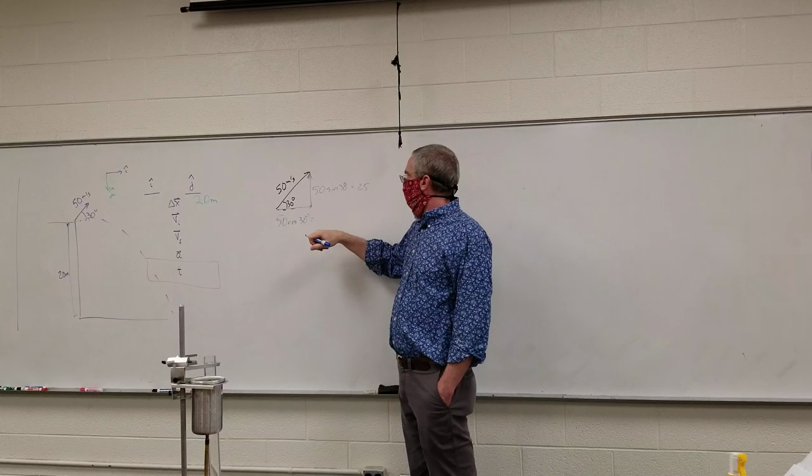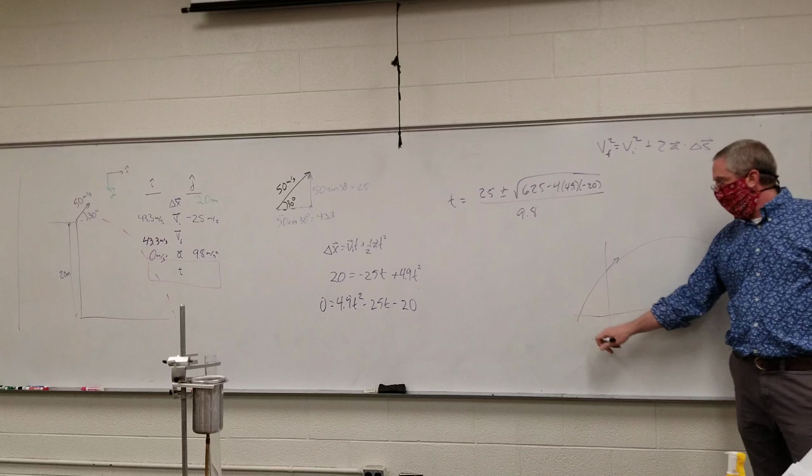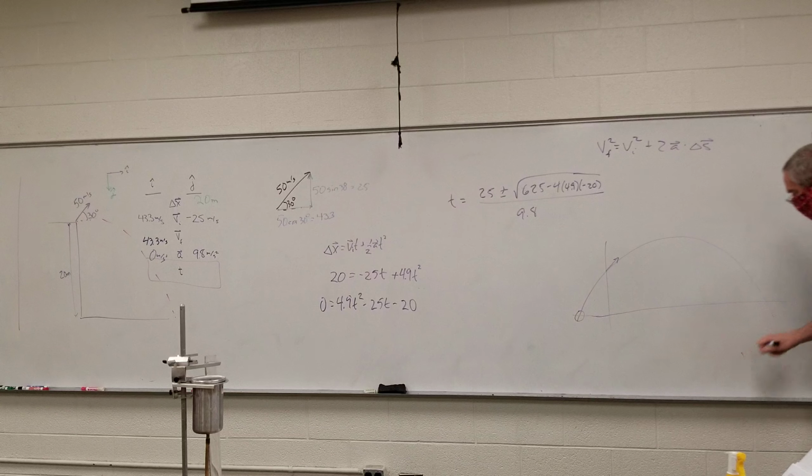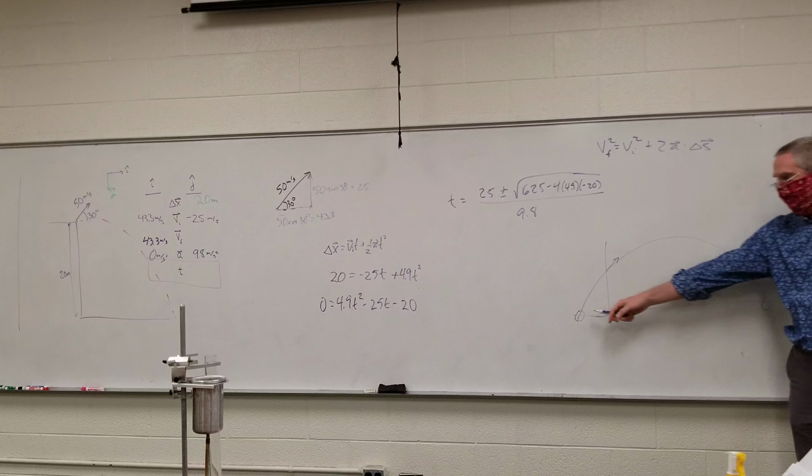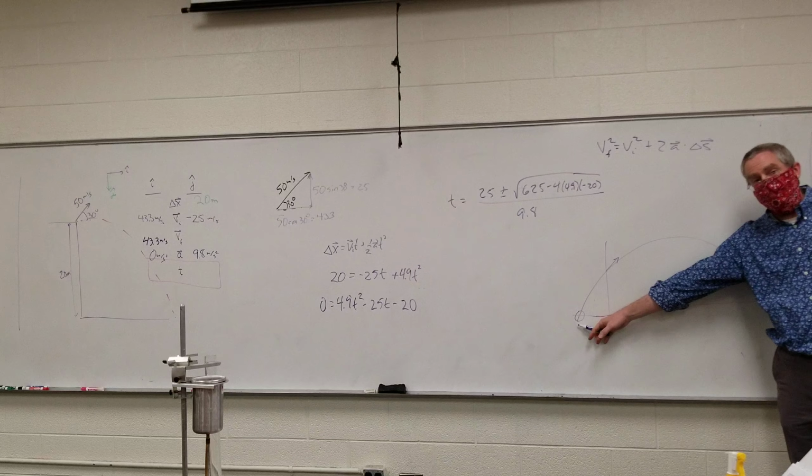Starting at this point, moving in that direction, because it's thrown upwards, up and to the right, this thing is going to cross my axis here and here. So I expect a negative time and a positive time, and the absolute value of the positive time is bigger than the absolute value of the negative time. So at least we'll have some hint whether our two answers make sense.